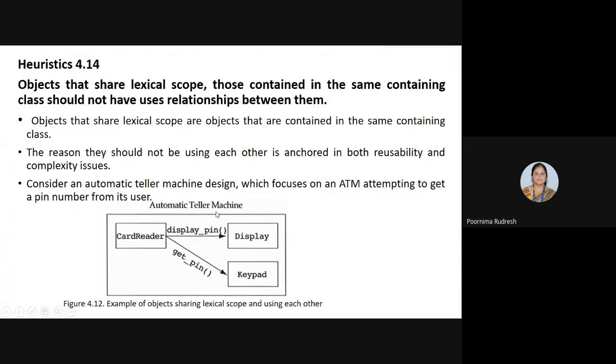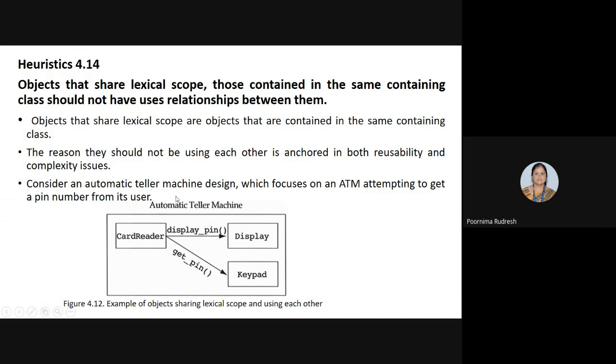It is the responsibility of the ATM machine to ask the display class to display the message, or to get the PIN number from the keyboard. So there is nothing to do with the card reader. Even though the message is shown like this, card reader, display PIN and get PIN, that is not correct.